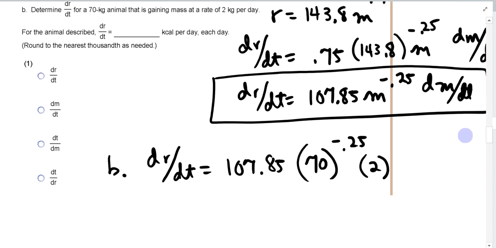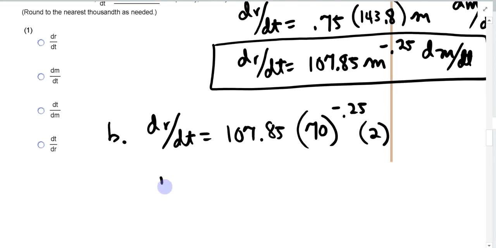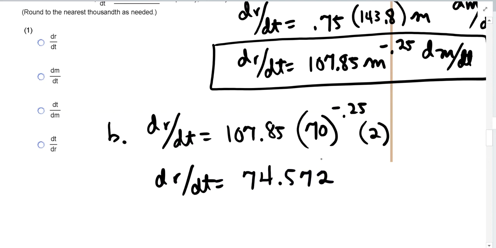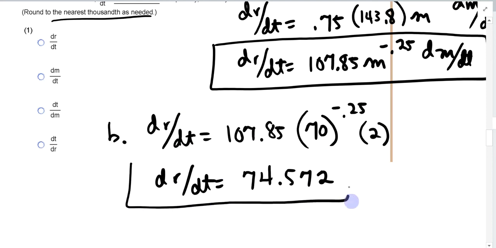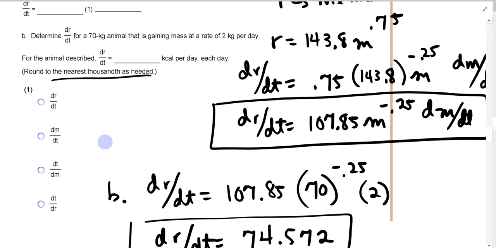So I plugged in both of those numbers, and then it's just a calculation. So dR/dt equals, when you do all of this in your calculator, 74.572. And I think it does say round to the thousandth, so that's what I did there, was round to 3 places.